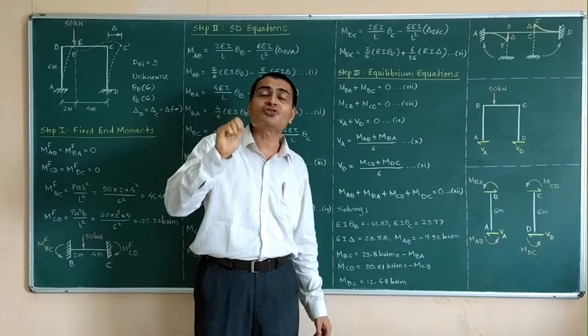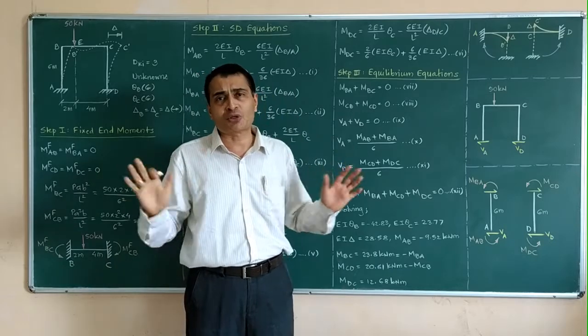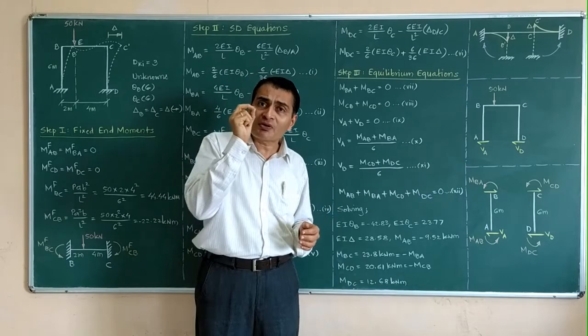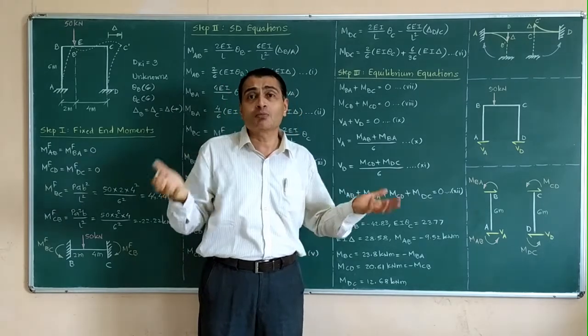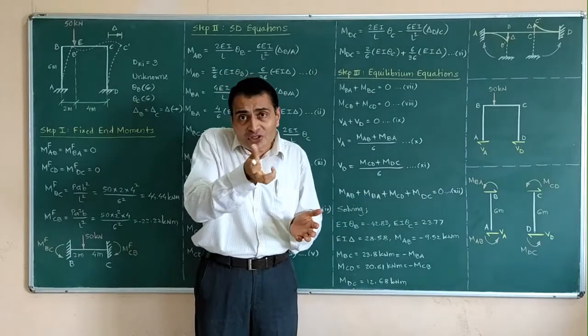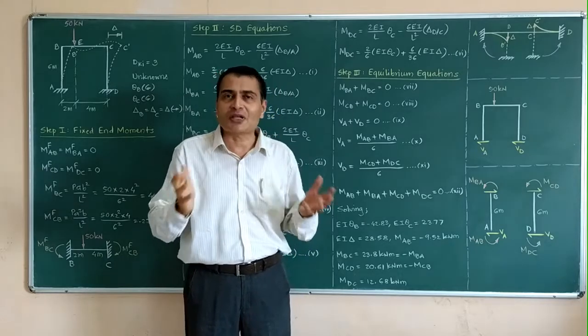According to these signs, you first show those end moments. No need to show end shears, no issues. Once you show these end moments, you will perfectly come to know what is sagging and what is hogging. You have to exercise your imagination whether this is going to create a hog or a sag, things like that.